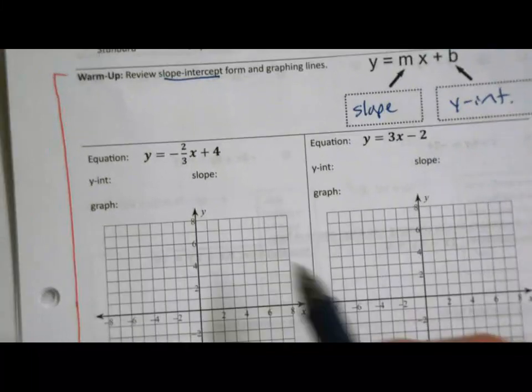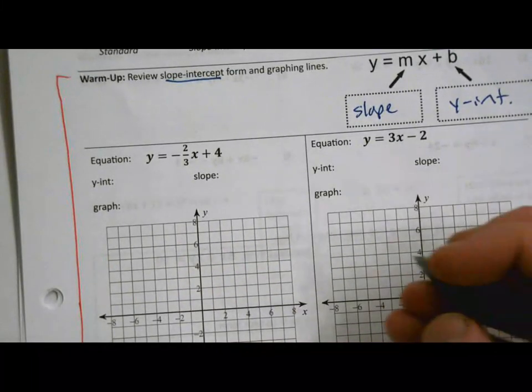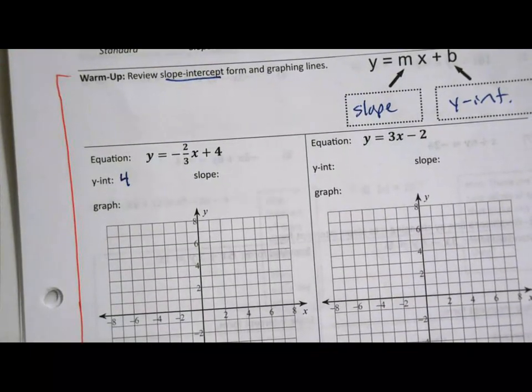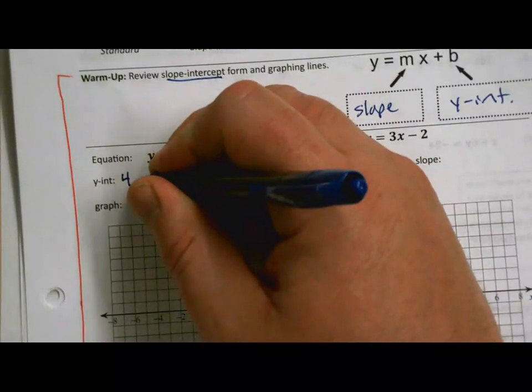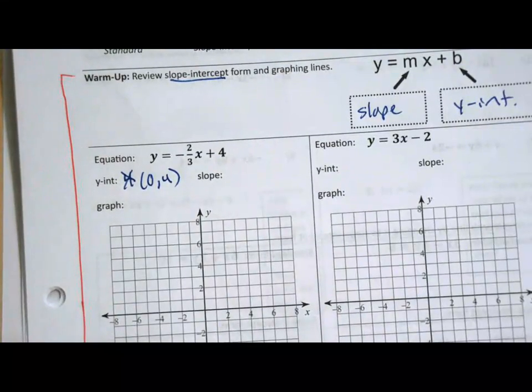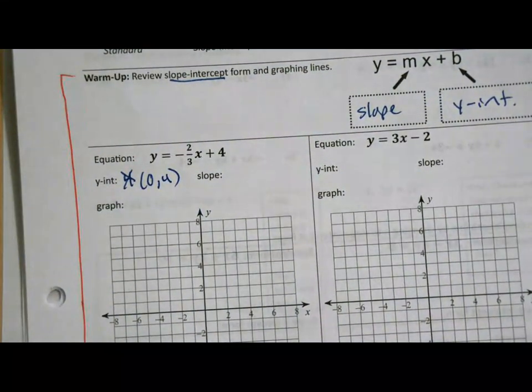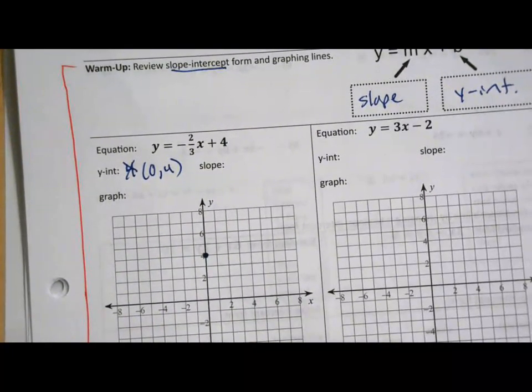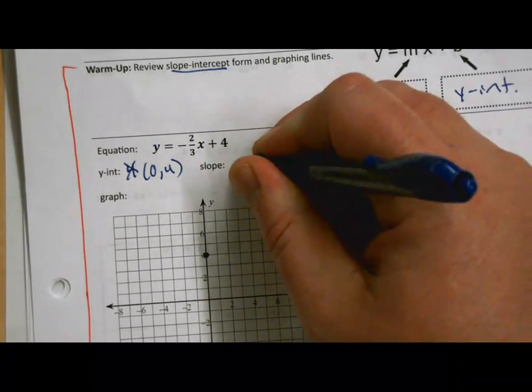So I'm hopeful that you were able to look at this equation and tell me that the y-intercept was at 4. Is that what you guys had for your y-intercept? If I wanted to be more technical, I could write that as (0, 4). But either way, that tells us that this graph is going to be crossing our y-axis at 4. And the slope is going to be -2/3.